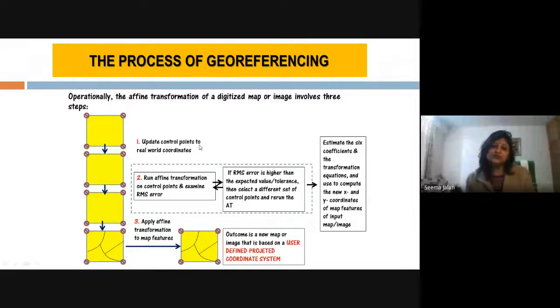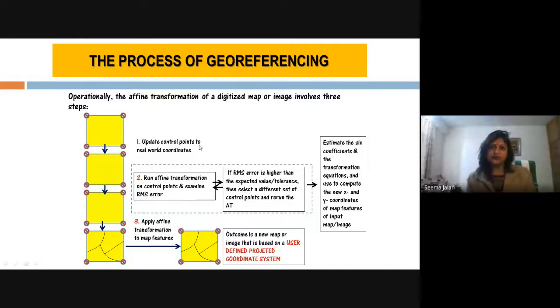Number two, which points to take as GCPs. As I said, first, they should be locations or features which can be very easily identified on your map, whatever you want to georeference. And also they should be very clearly and accurately identifiable on the ground.